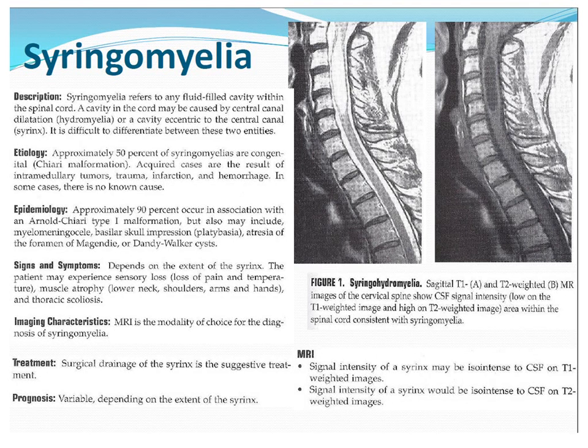So it can also happen with these other conditions: myelomeningocele, basilar skull impression, or platybasia, protrusion of the foramen of Magendie, or Dandy-Walker cysts. Depending on how large it is and how wide it becomes, the patient may or may not have symptoms with it. They can definitely have sensory loss and muscular difficulty, weakness, that kind of thing. They may have even some muscle spasms, that kind of thing.